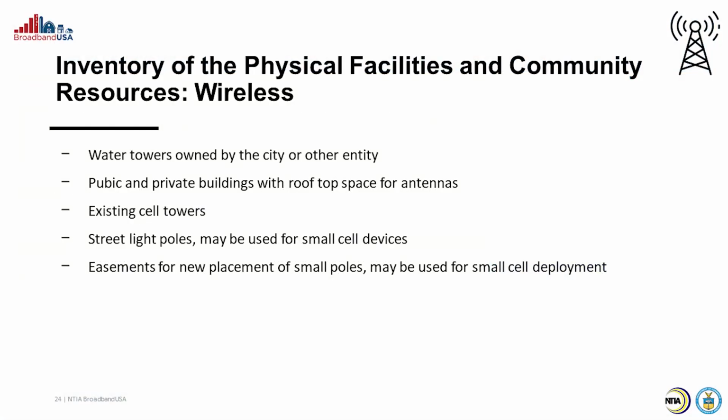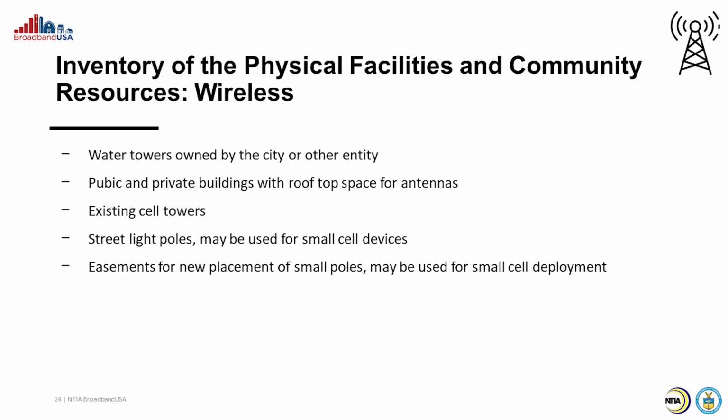You're going to conduct a similar inventory for wireless facilities, right? Any water towers that are owned by the city or private entity, right? Water towers can be used to deploy wireless technology. Are there any public or private buildings with rooftop space for wireless antennas, right? Any existing cell towers, right?